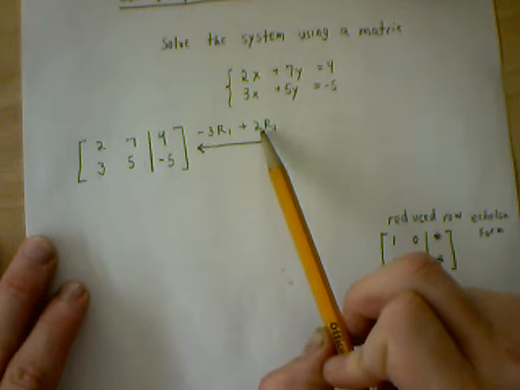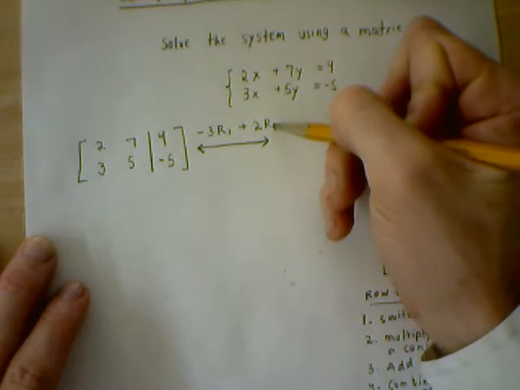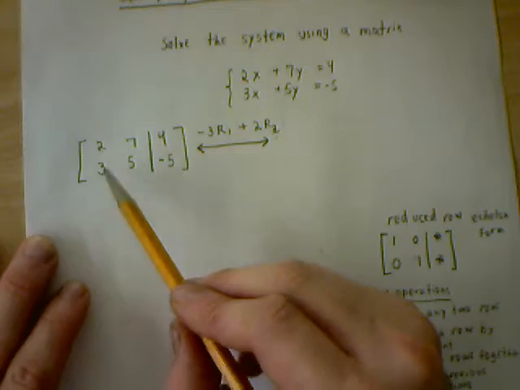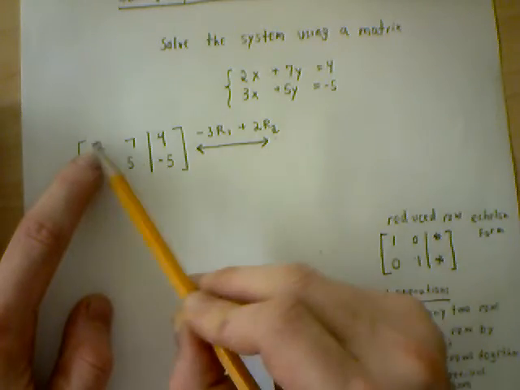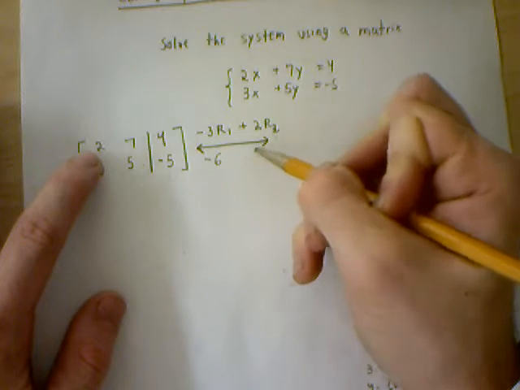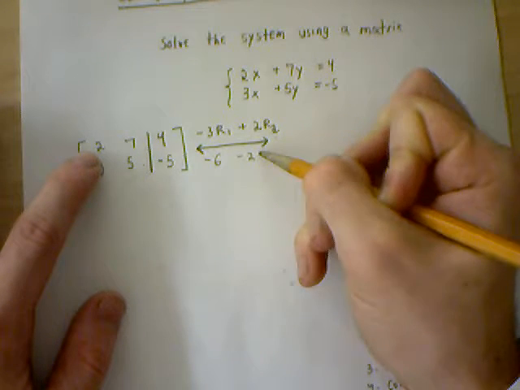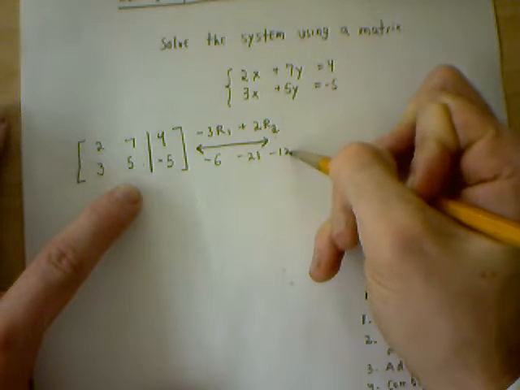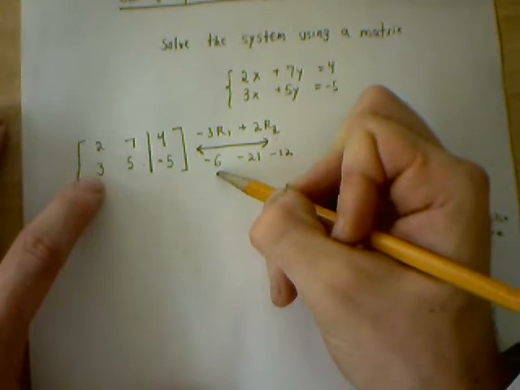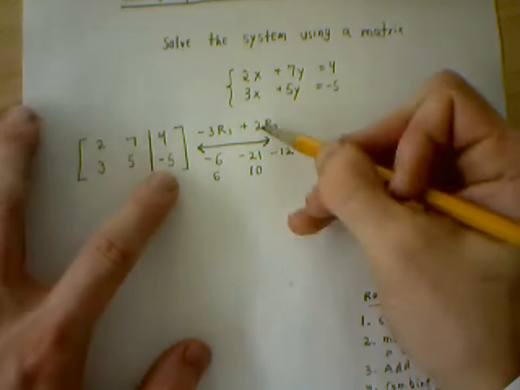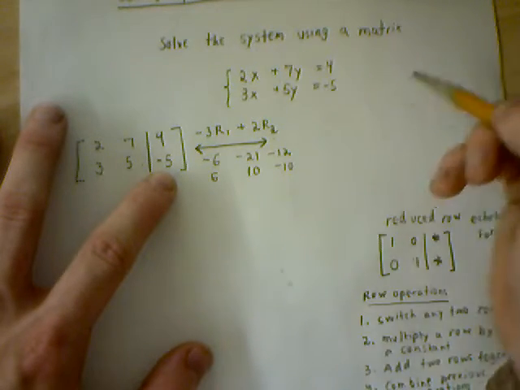If I multiply 2 times row 2, I'll obtain 6 here. Let's just show our work. -3 times row 1 will yield -6, -21, -12. 2 times row 2 will yield 6, 10, and -10.